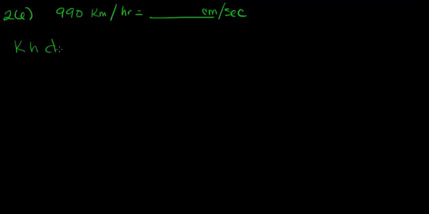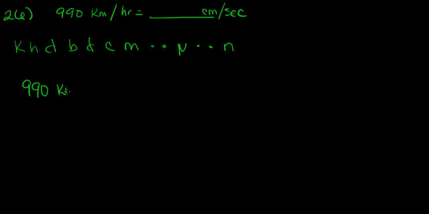King Henry died by drinking chocolate milk, micro, nano. I think that's the only thing we're going to need. We're going from metric, kilo, to metric, centi, and we're going from hours to seconds, so that's just a measure of time. So let's set it up.